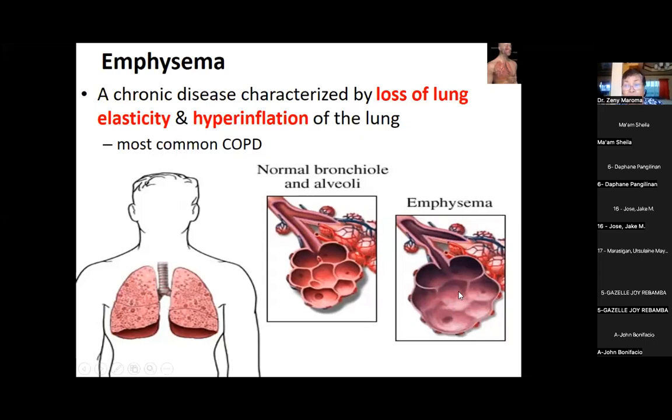So, puputok ito at pag pumutok yan, there will be release of air. Ang tawag doon sa lumabas dito sa nag-rupture na alveoli is bullae or bleb na mag-accumulate yan in between alveoli. In between alveoli, there'll be air na nanggaling sa nag-rupture na alveoli.